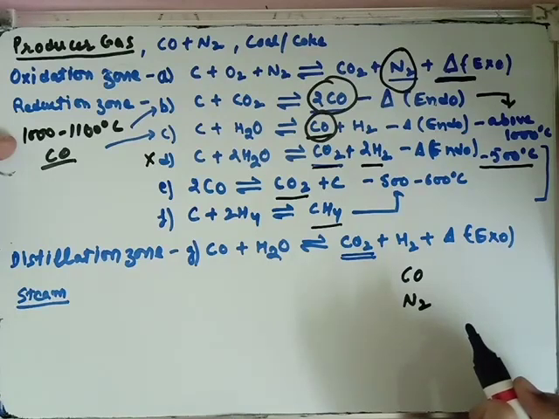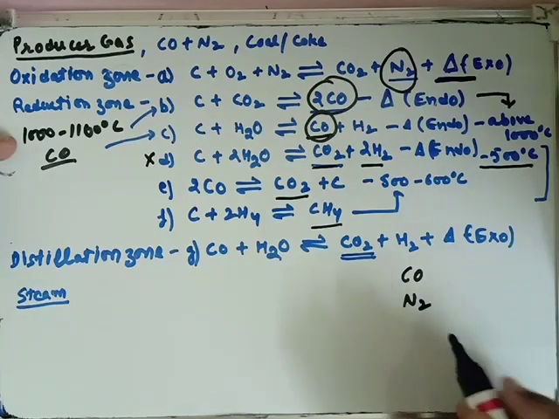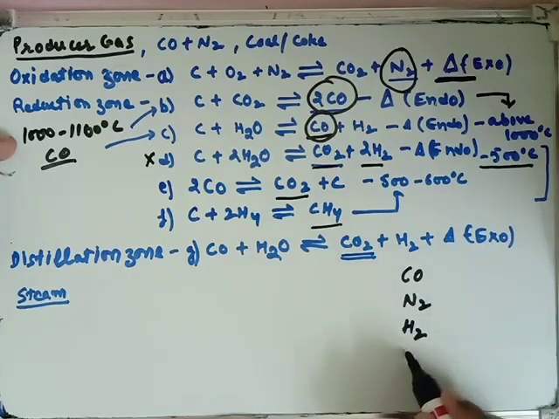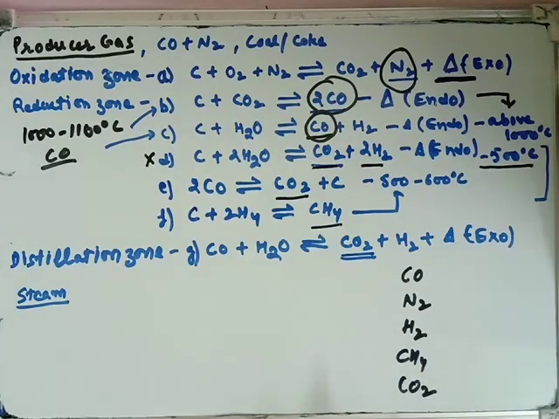If the temperature goes below 1000 degrees Celsius, it may contain some amount of hydrogen, some amount of methane, and some amount of carbon dioxide.